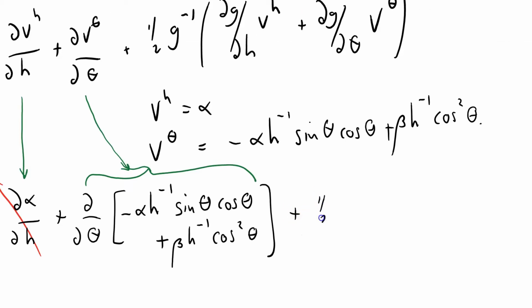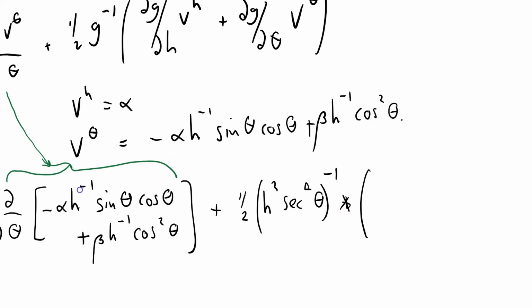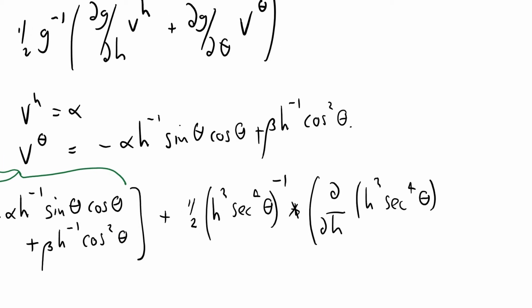Plus a half. The determinant of the metric tensor was h squared sec to the 4th θ, but it's 1 over that, so it's to the power minus 1. Times ∂g/∂h, which is ∂/∂h of h squared sec to the 4 θ, times V^h.